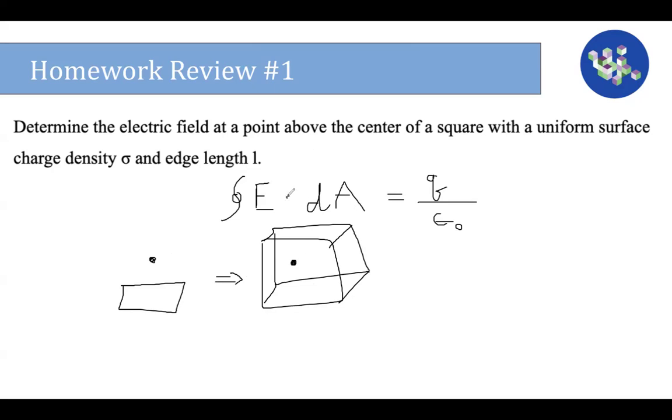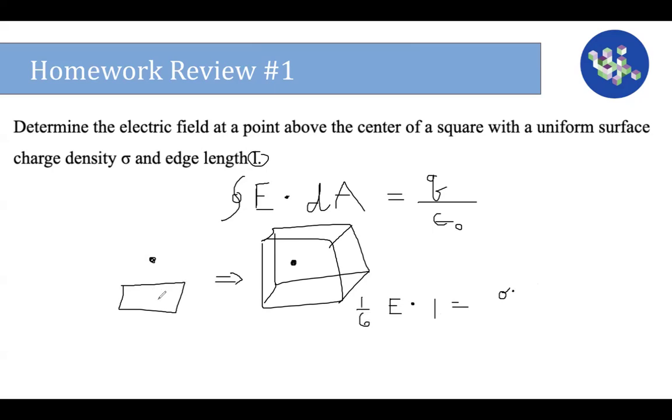And then we can basically say that the electric field times the area, since it's edge length 1, we can just say 1, equals sigma times, but also we have to do 1/6, right?